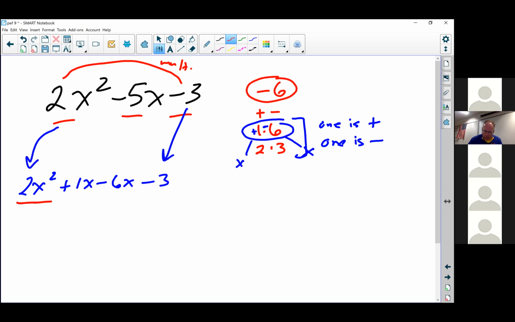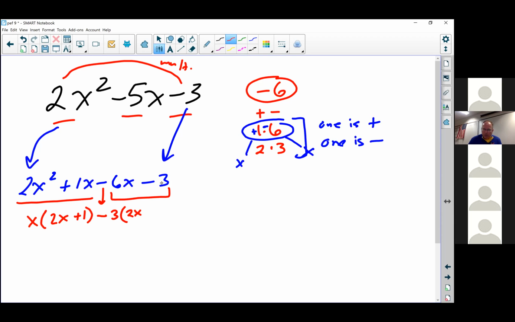So of these first 2 terms I look at, I have an x in common. And if I factor an x out of 2x squared, I'm left with 2x. If I factor an x out of 1x, I'm left with a 1. This sign's going to come down. I can factor, it looks like a -3. If I factor a -3 out of -6, that gives me a +2x.